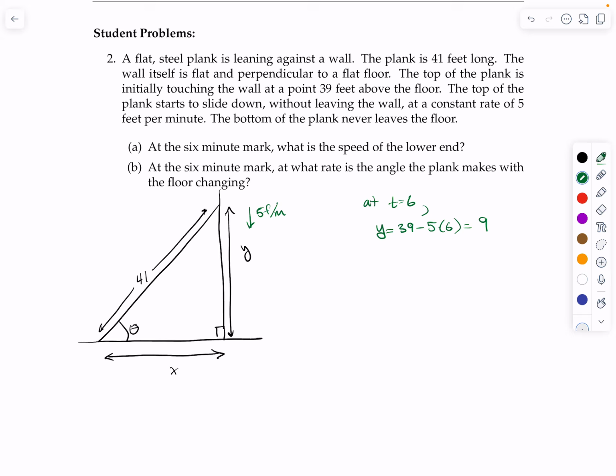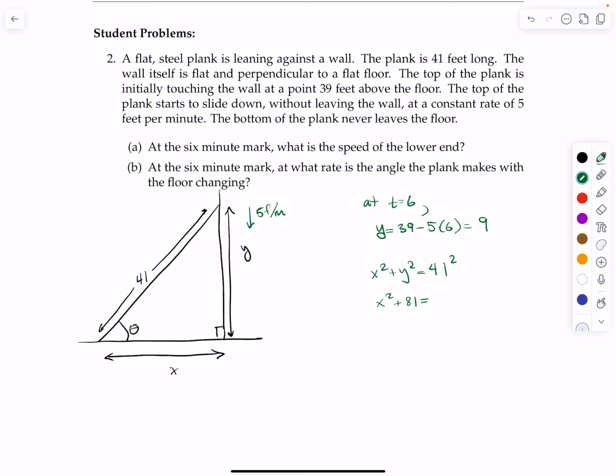So this is not a very good picture, but we're going to go with it anyway. I guess we could figure out the angle as well. Maybe we should figure out what x is now that I've got that 9 there. So x squared plus y squared. This is, by the way, the relationship we're using. But we're going to actually plug in 9 for y. So x squared plus 81 equals 41 squared.